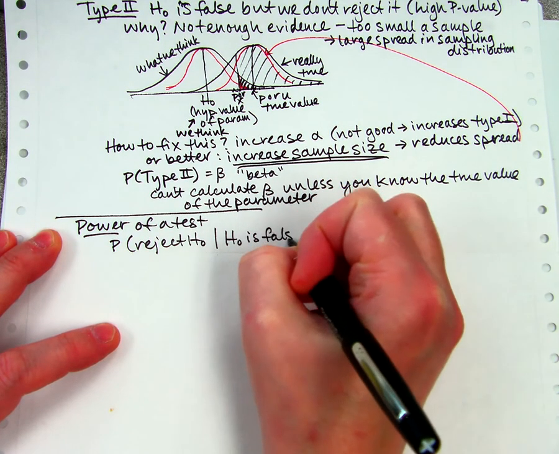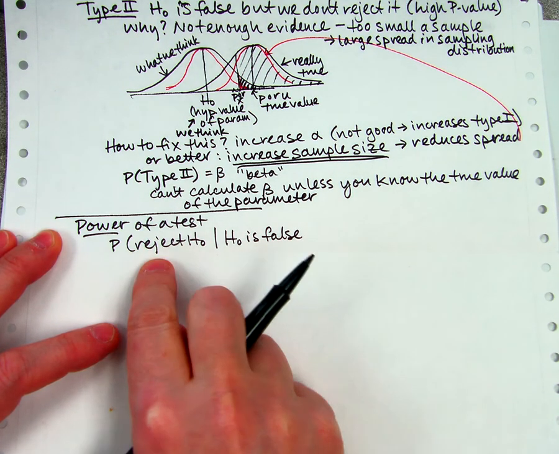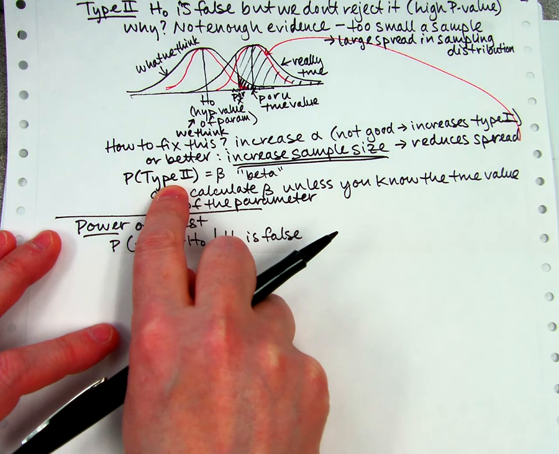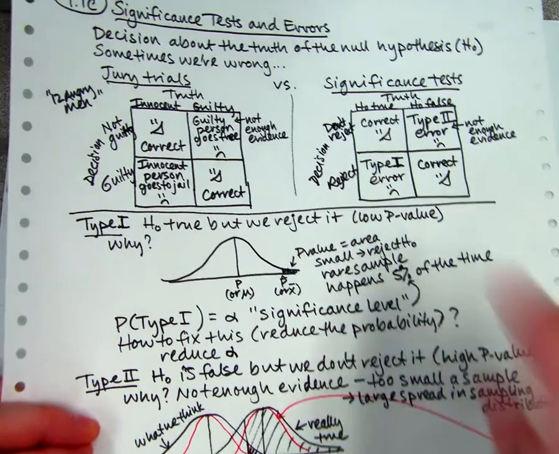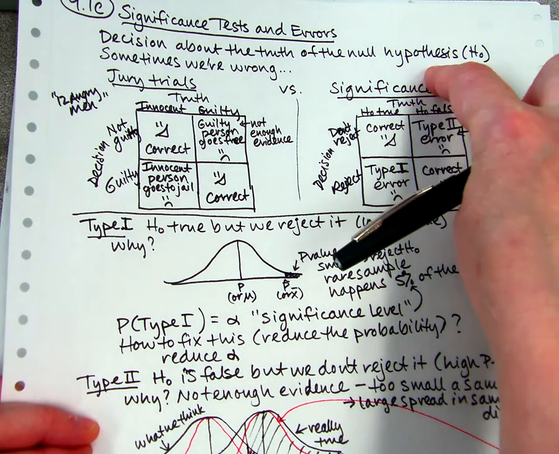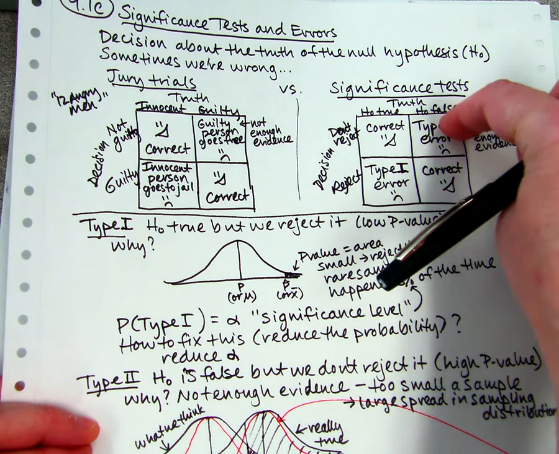So that's interesting. If the null is true and we reject it, that's type 1. If the null is false and we reject it, that's a correct decision. And it's the opposite of a type 2 error because we're saying given that we're in this column, the probability of rejecting would be the complement of given we're in this column, the probability of the wrong decision.